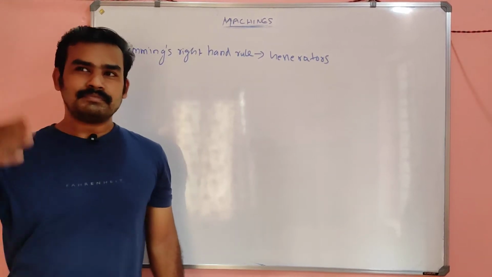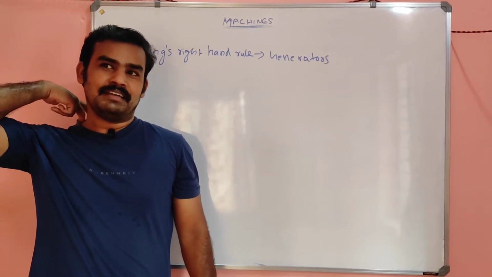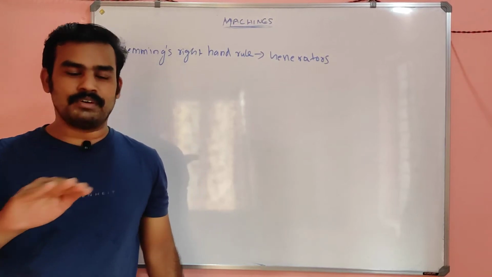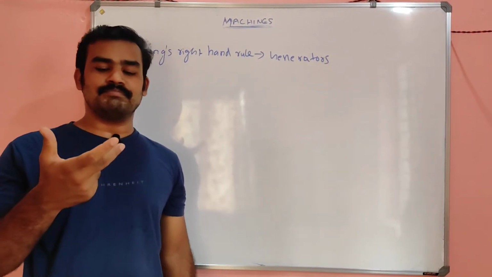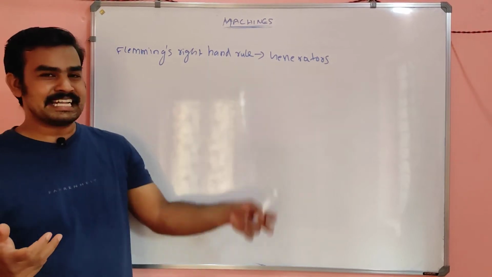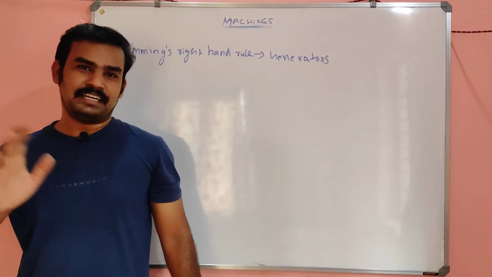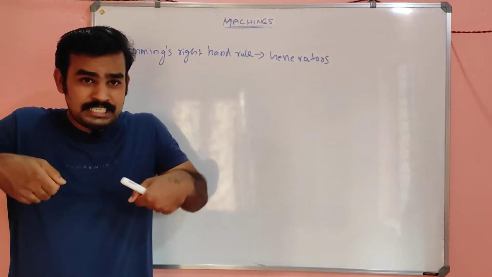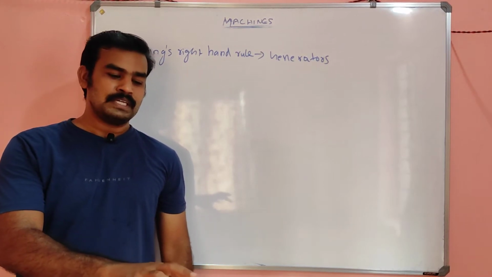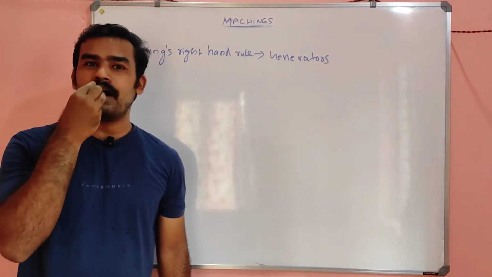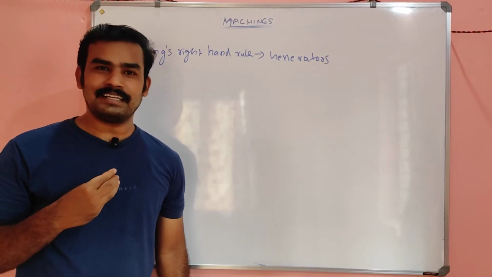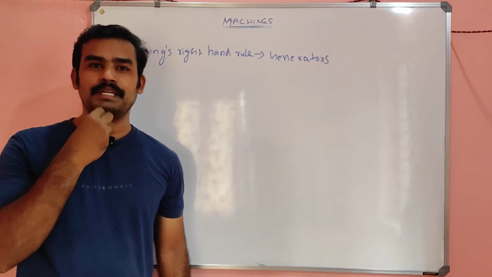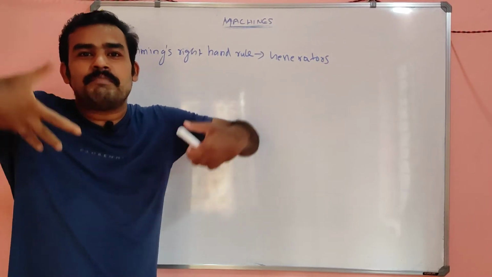To remember this, when I took classes for students, the example I used for generator action and motor action, Fleming's left and right, is this. Generation means you have to generate energy. You have to take your meal using your right hand, bring it up to your mouth and swallow. Then only will energy be generated, no?